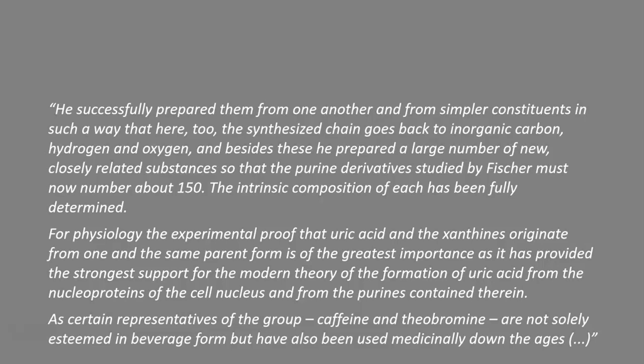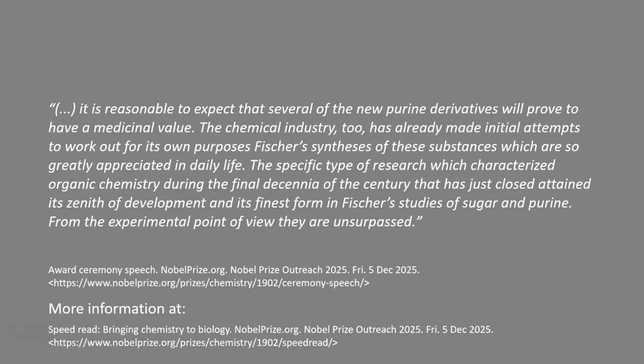Certain representatives of the group, caffeine and theobromine, are not solely esteemed in beverage form, but have also been used medicinally down the ages. It is reasonable to expect that several of the new purine derivatives will prove to have a medicinal value. Well, the chemical industry too has already made initial attempts to work this out for its own purposes, through Fischer's synthesis of these substances, which are so greatly appreciated in daily life.